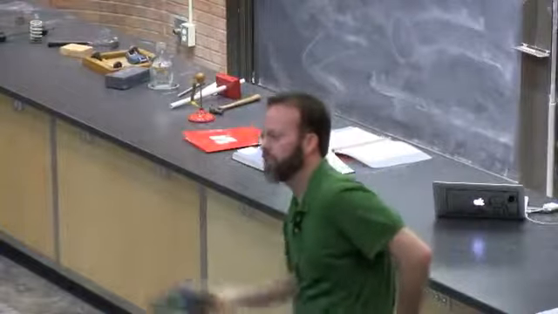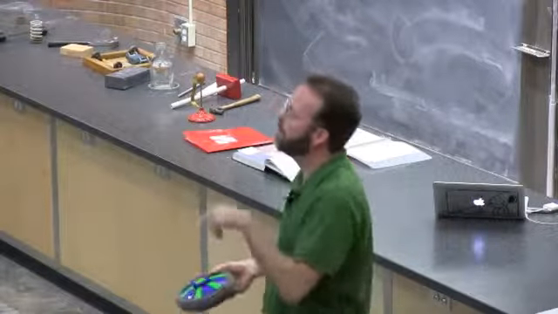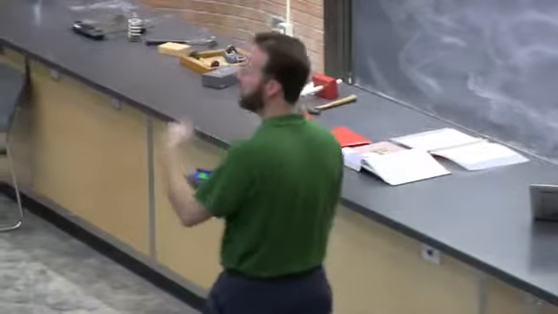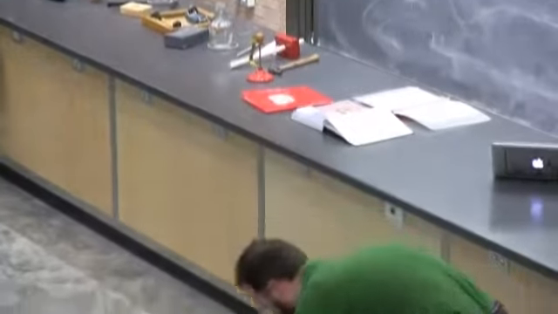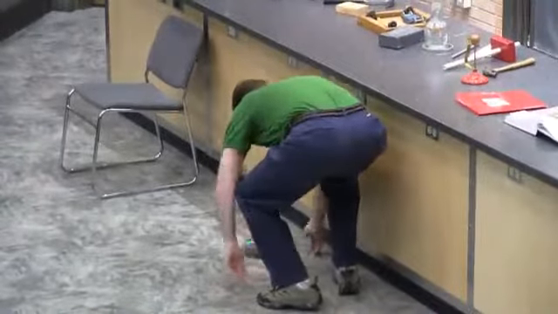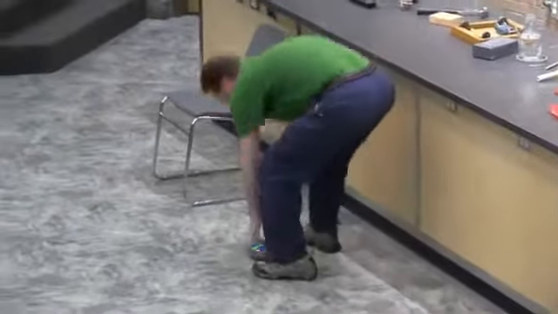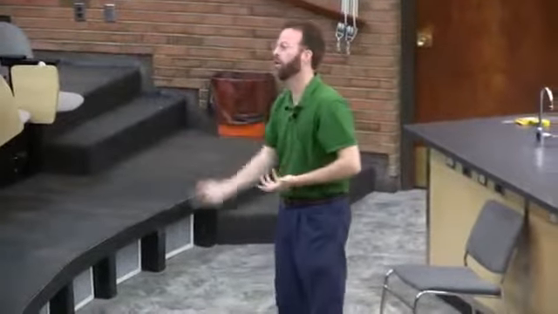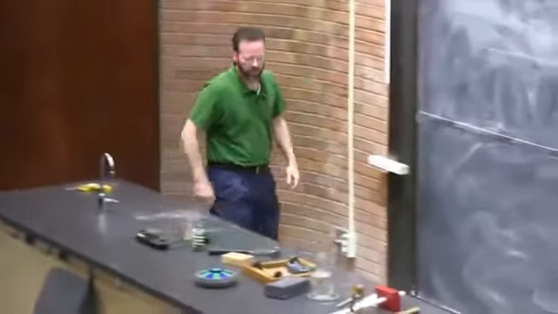I have to exert a force on it to get it moving. But once it's moving, it keeps going until something acts on it. And in this case, it's not friction. Okay, now it is because the batteries just died. You can go slowly, but you get the idea. Or until it runs into something, and then that exerts a force on it to change its direction. So, excellent point about friction.